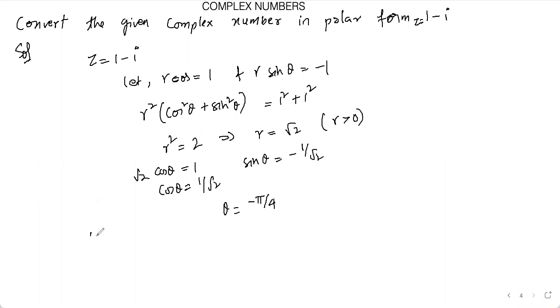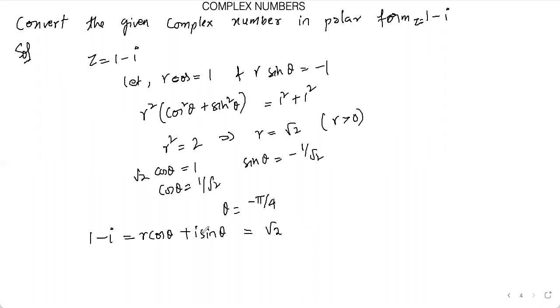So 1 minus i is equal to r cos theta plus i sin theta. We got r as root 2.